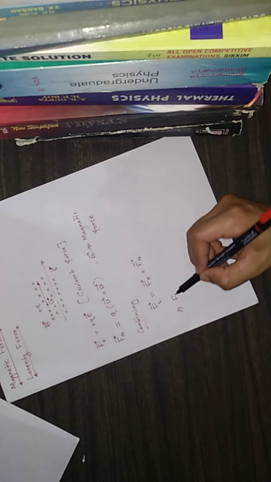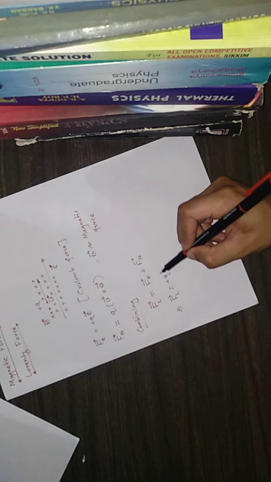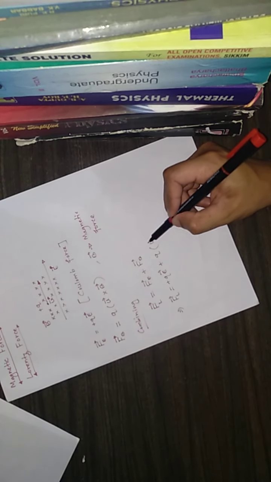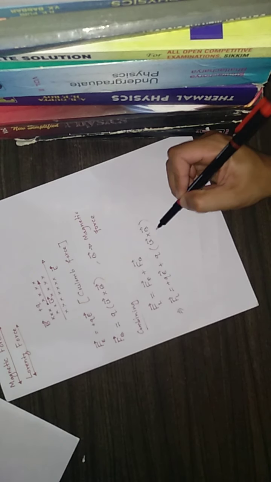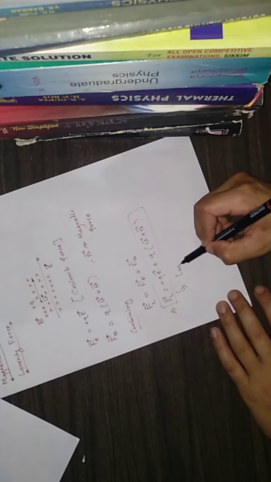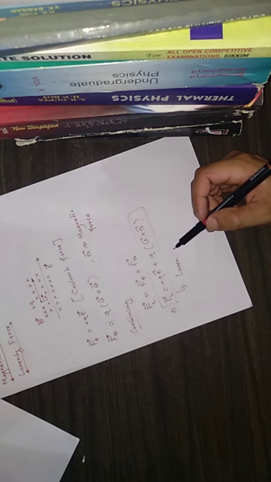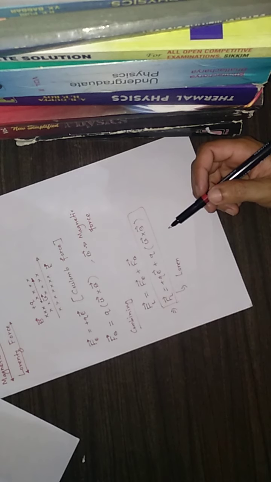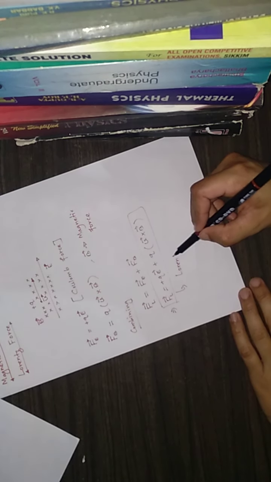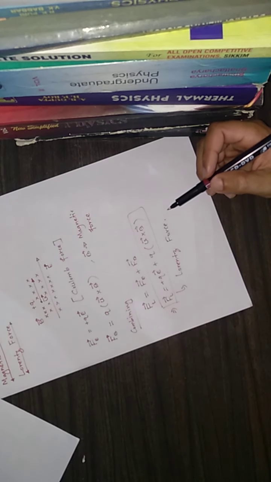Fe is plus QE, plus Q V cross B. So this particular force is known as Lorentz force. It is a combination of the forces experienced by a charged particle in space, comprising both electric and magnetic fields. This is your Lorentz force.